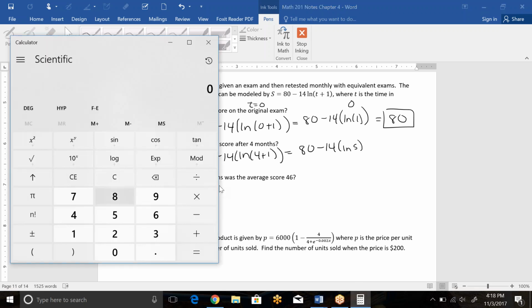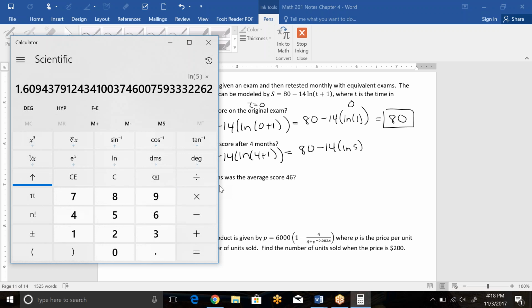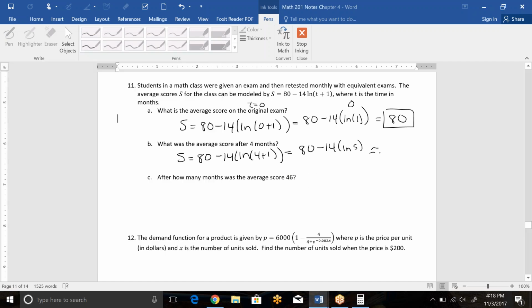So we need to do that on our calculator. So 5 natural log times the 14, which is negative, and then plus the 80. So now the average score for these students is down at 57.5. Because if they haven't kept up on these skills, they're going to lose that knowledge.